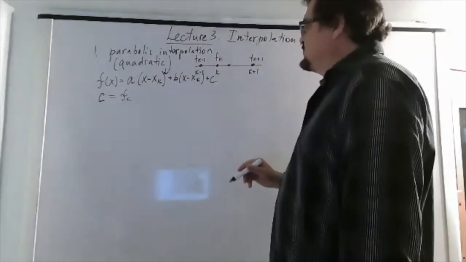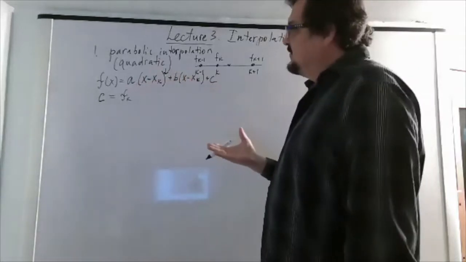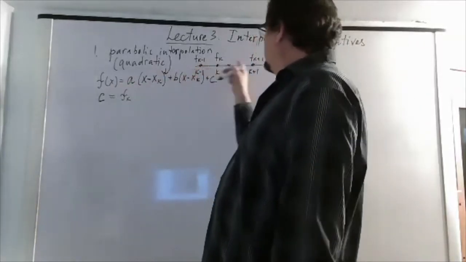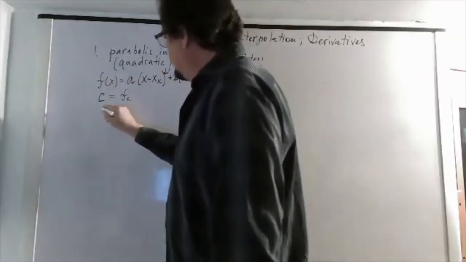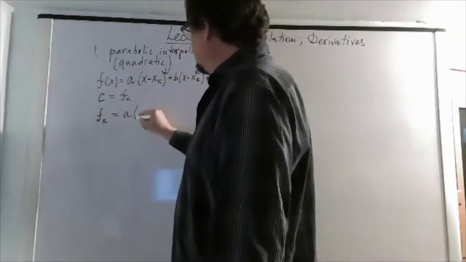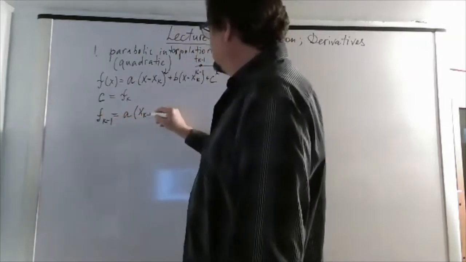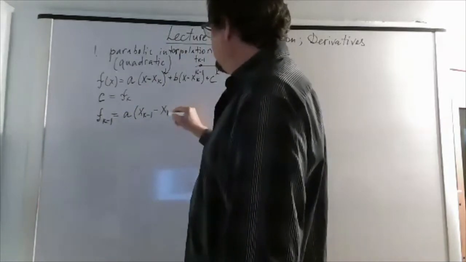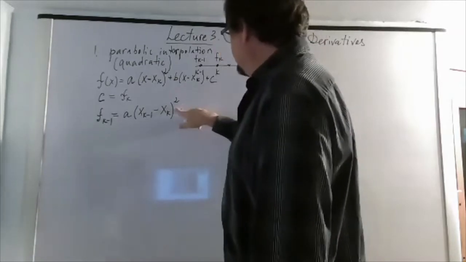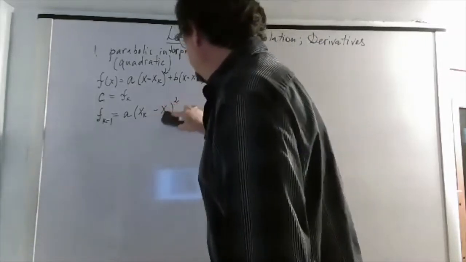Now, in order to find a and b, we need to solve 2 equations with 2 unknowns. For that, you first use your value at k minus 1, then the value at k plus 1. So you have f k minus 1 equals a times (x k minus 1 minus x k) squared plus or minus b, let's write it this way. Because it's squared, it doesn't matter how you subtract.